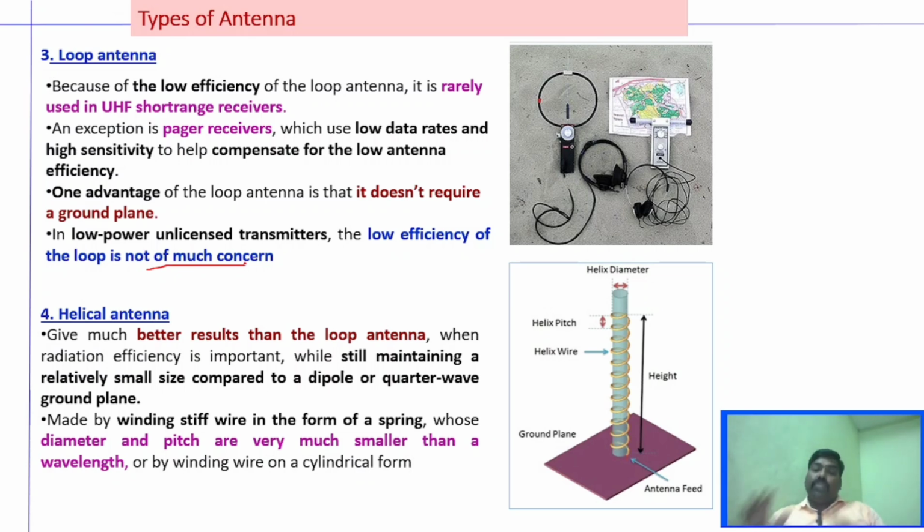Helical antenna will also be small in size as compared to dipole and quarter wavelength, because here we will have a winding of wire like a spring, so that it reduces the size. We will have a conductor, a wire coiled in the form of a spring, where the diameter and pitch are very much smaller than the wavelength.